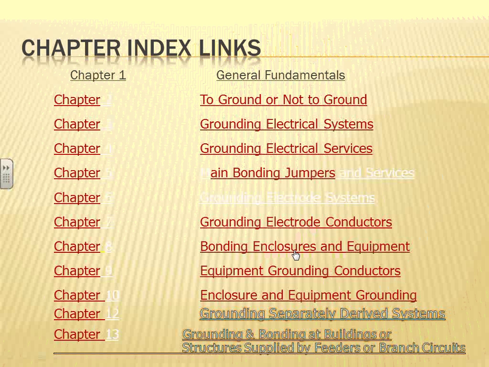Bonding of enclosures, that's the equipment bonding jumper, a whole chapter about what we just talked about. Equipment grounding conductor, same thing. Enclosure and equipment grounding, a separately derived system, and grounding at a separate building. Each one of these is one chapter. I summarize almost all of them in that sheet that I told you about.